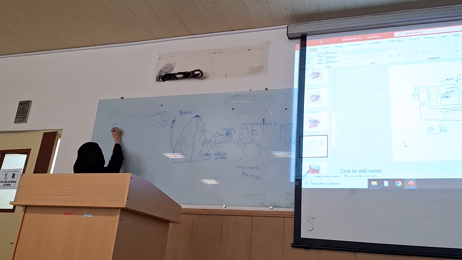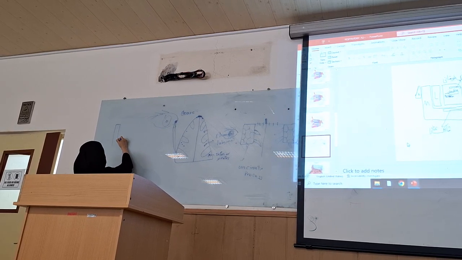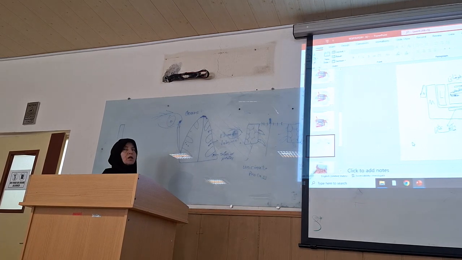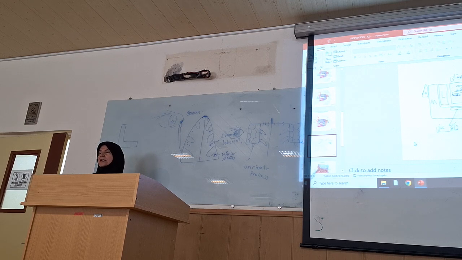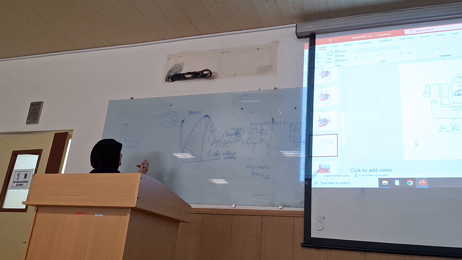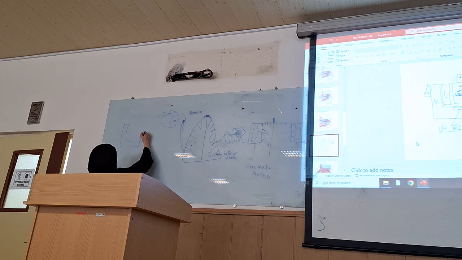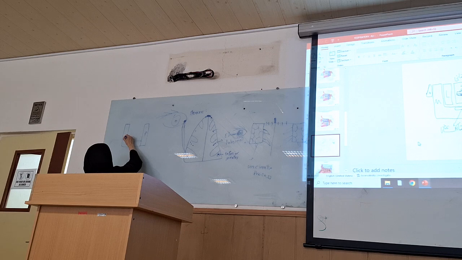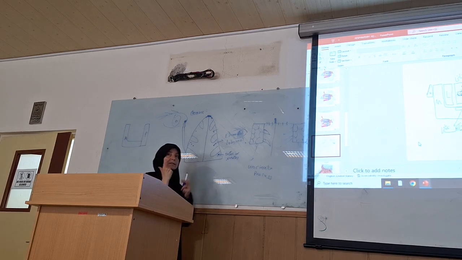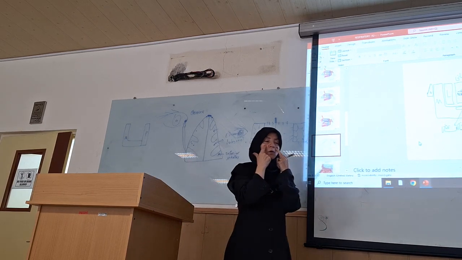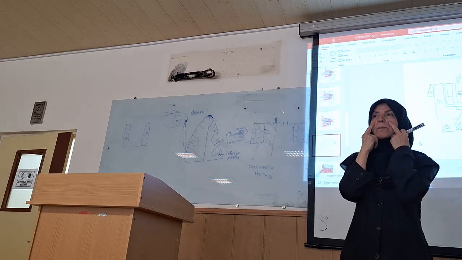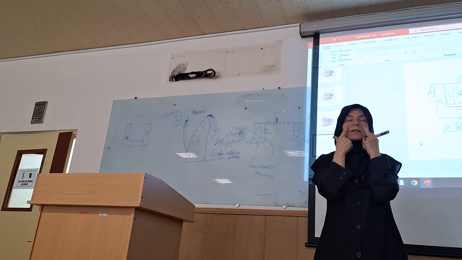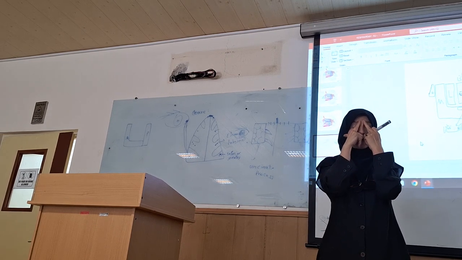Here we have the maxillary bone. If you notice, this maxillary bone posteriorly makes a joint with another bone that we call the palatine. But you should know the maxillary bone has some processes. One process goes superiorly to make a joint with the frontal.